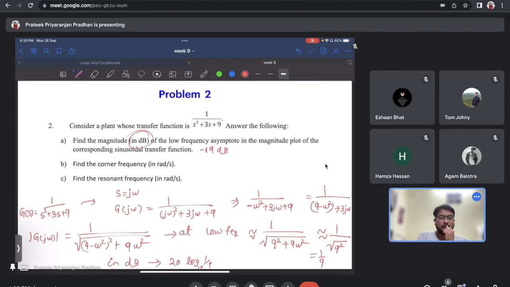Simple. That means d of omega divided by d omega is equal to 0. So let's calculate the first derivative. It will be 2 into 9 minus omega square into negative 2 omega plus 18 omega is equal to 0.